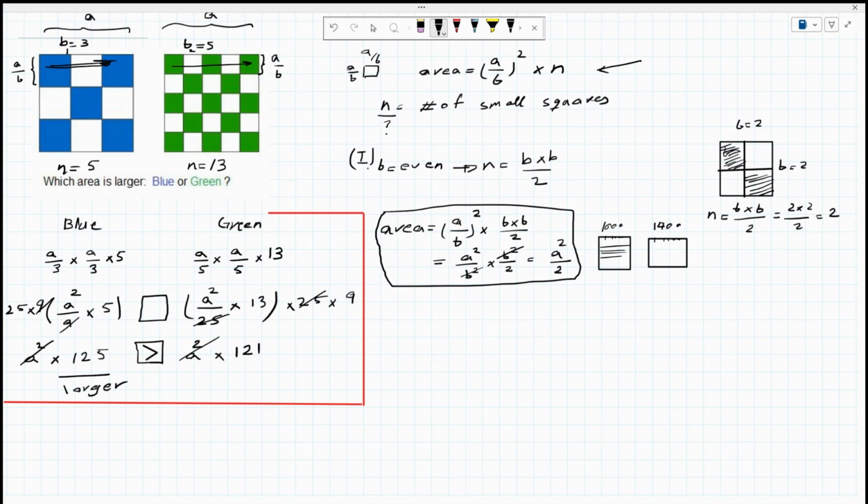So we have lines here, and also we have lines here, similar to this question. In this case, it doesn't really matter what the value of b is. It doesn't matter if we have 1000 or 1400. In both cases, the area of the colored area is going to be a² divided by 2.